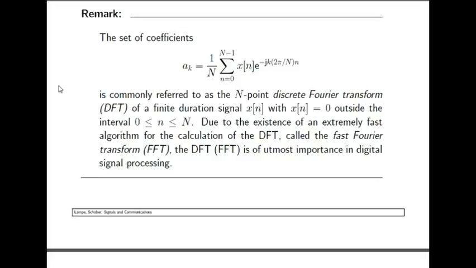There is a remark related to this discrete time Fourier transform: this set of coefficients a_k is commonly referred to as the N-point discrete Fourier transform, because the signal x of n is 0 outside 0 to N. In MATLAB there is an algorithm for quickly calculating this discrete Fourier transform, which is also called the fast Fourier transform.